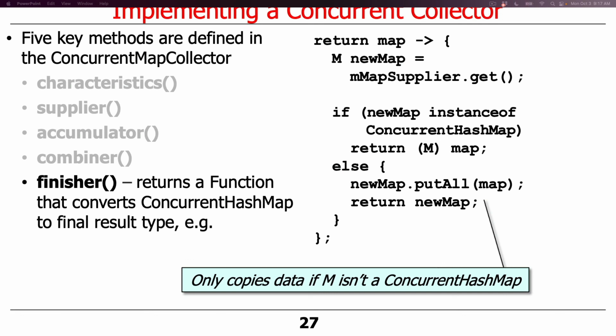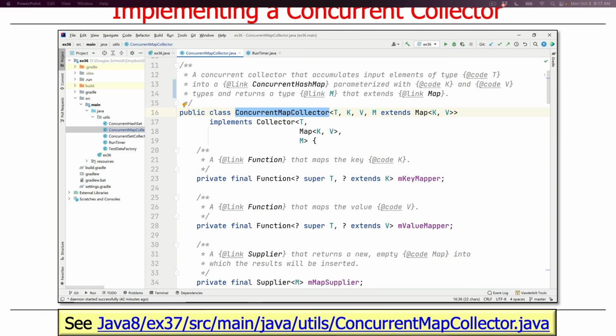So the cool part about this is the internals of this whole implementation of the concurrent map collector use ConcurrentHashMap because it's super optimized, but then it can transform it into another type of map at the very end to get the sorted semantics if that's what we want to have as the results. So here's the actual implementation, and we'll go take a look at this in just a second.